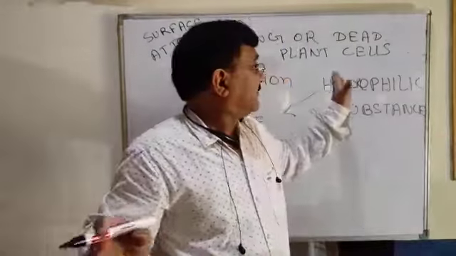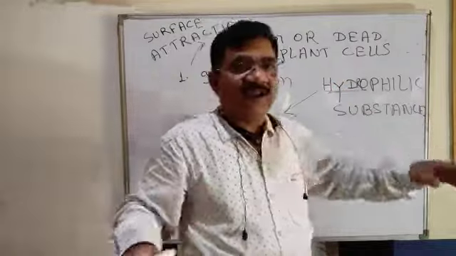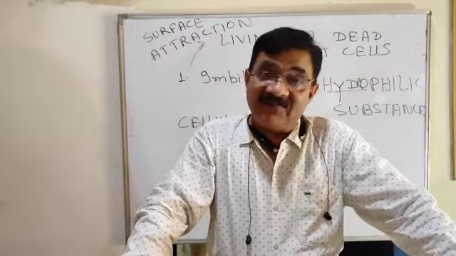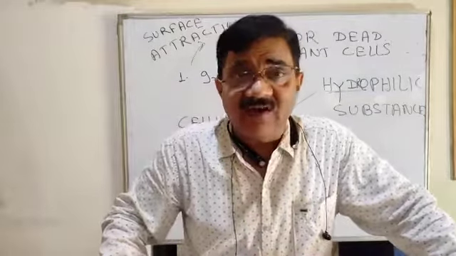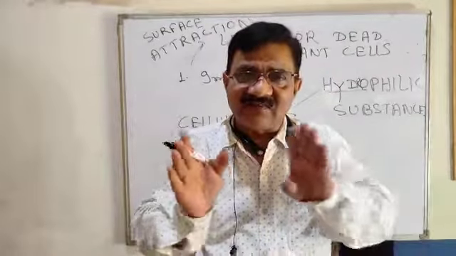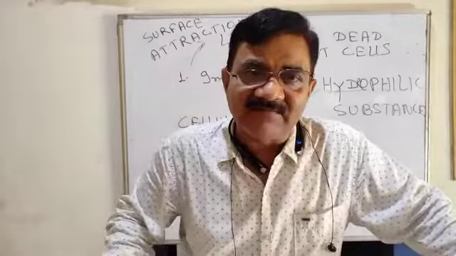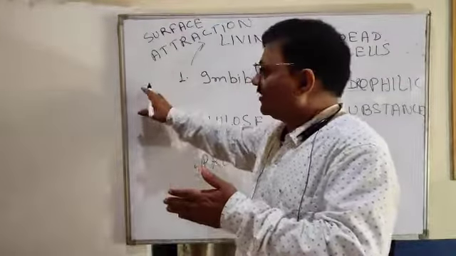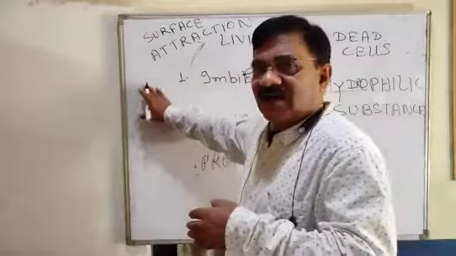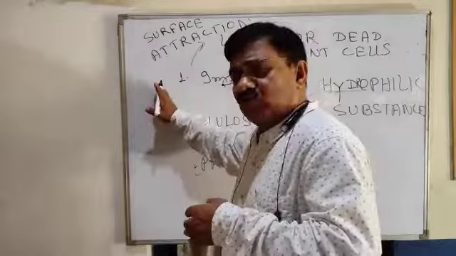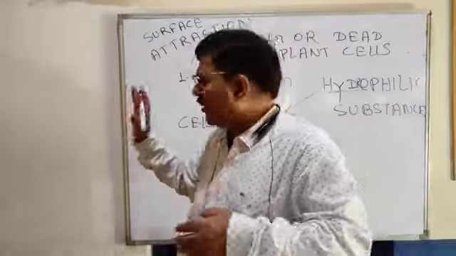Dear children, as I have discussed, wood, that is dead plant cell, must be a plant cell, whether living or dead doesn't matter, and by surface attraction, the surface should come in contact. If you put plastic over the surface of the wood, then the wood will not come in contact with the moisture.